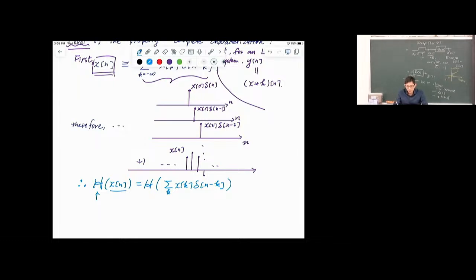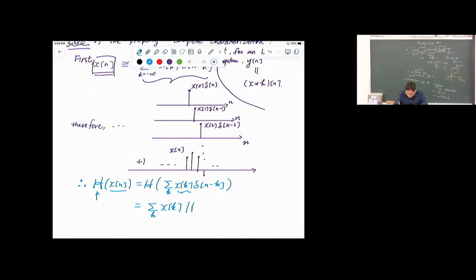And we know the system is linear. If the system is linear, what happens? Can we move the summation to the outside? Because of linearity, we move the summation to the outside. And x_k does not depend on the time index n.